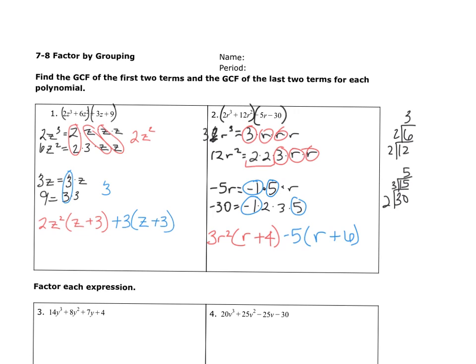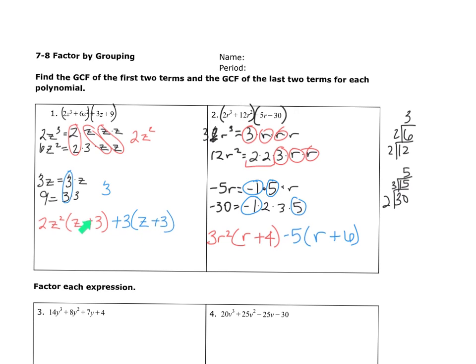So, I want to look at these two examples just real quick. I notice here in the first example that in the binomial, what was left over was the same, right? Hey, that looks an awful lot like distribution, doesn't it? So if your binomials are the same, we can actually take this a step further and factor.